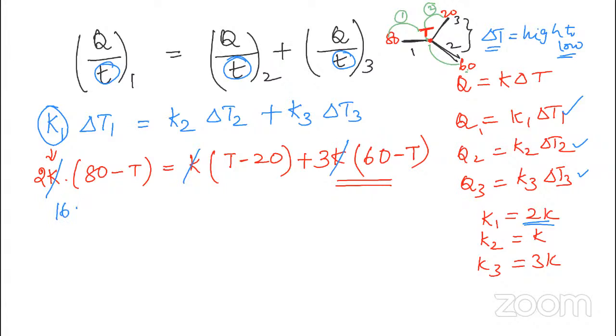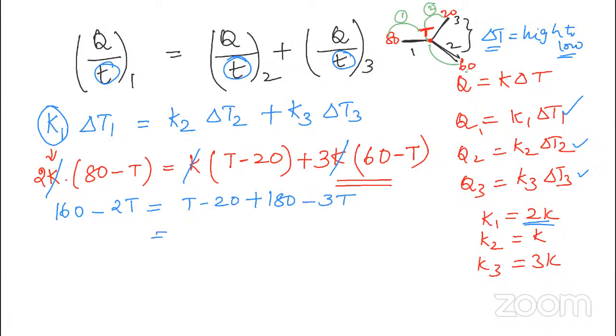So for 160 minus 2t is equal to t minus 20 plus 180 minus 3t. Okay, so now cancel all these points.